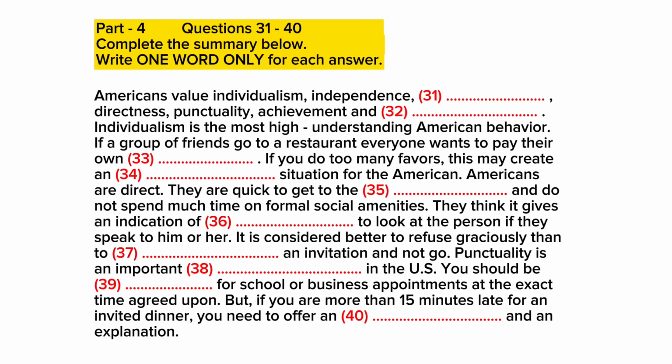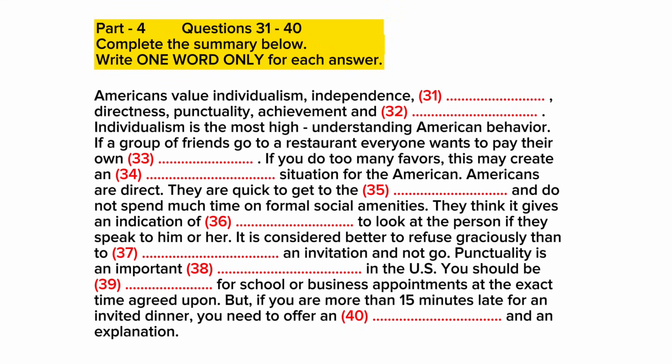In a question of honesty versus politeness, honesty wins. It is considered better to refuse graciously than to accept an invitation and not go. 4. You will be taken at your word. If you refuse food the first time it is offered, to be polite, it may not be offered again. An American will not know that your initial refusal is politeness.